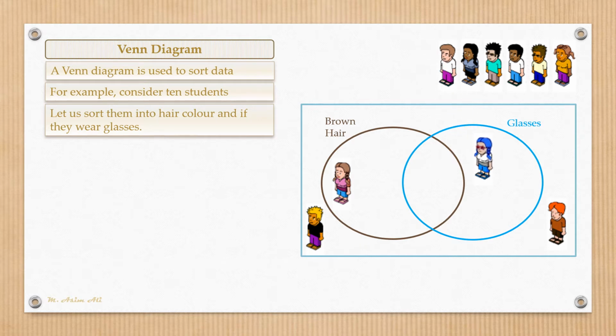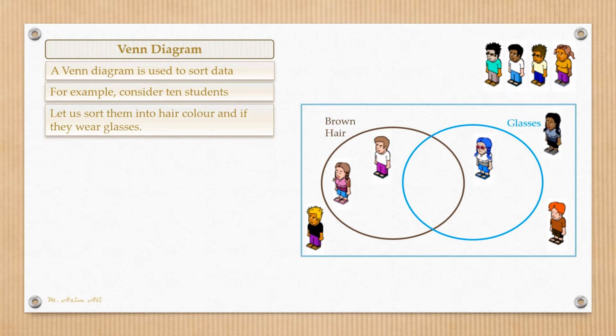The next student has brown hair on his head and he's not wearing glasses. So he cannot come in the set labeled glasses, but he can come in the set labeled brown hair. He will not come in the common part. He will come on the left portion of the brown hair set. Next is a girl who does not have brown hair and she's not wearing glasses, so she is not going to come in any of the two sets.